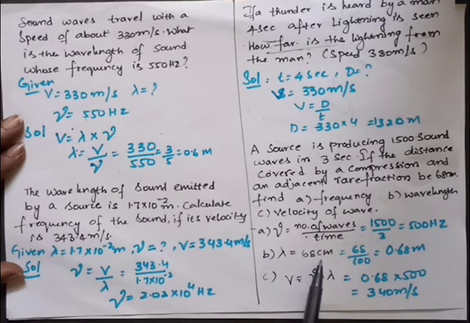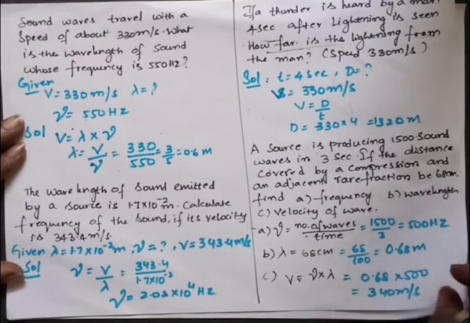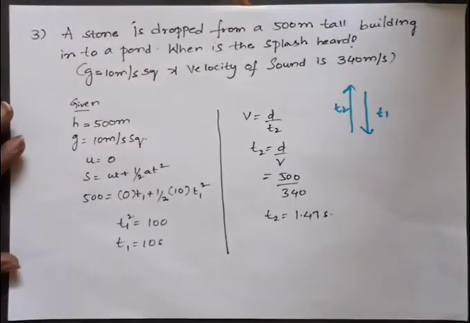Then λ is 68 centimeters, which should be converted into meters. 1 centimeter is 1/100 meter or 1 × 10^-2 meters. So using 1/100, we get 0.68 meters. V = νλ to find the velocity when frequency and wavelength are given. When multiplied, we get 340 meters per second.